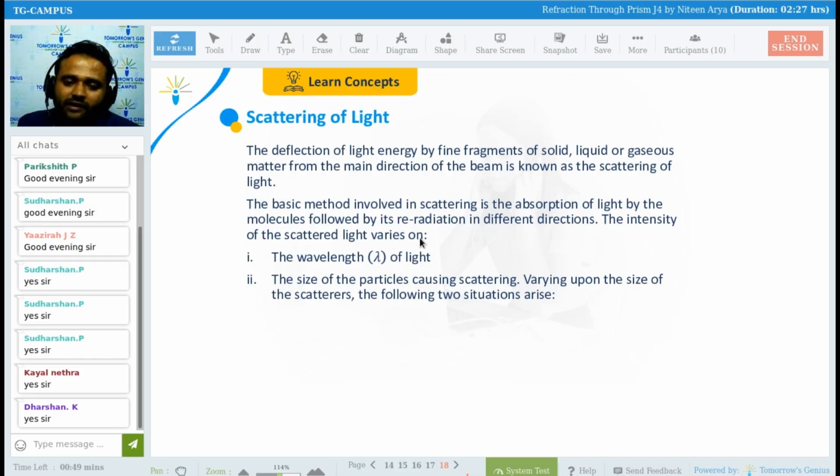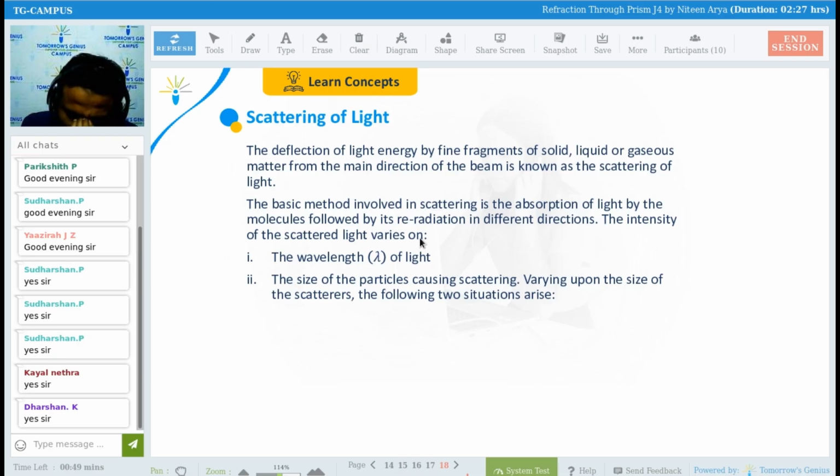I mean, the scattered light varies depending on which factors, that is written over here. The wavelength, the size of the particle causing scattering, varying upon the size of the scatterer in the following two situations. So two situations I'm going to tell you after this. But first, you tell me what is scattering. Go ahead. Tell me, beta. Anyone?